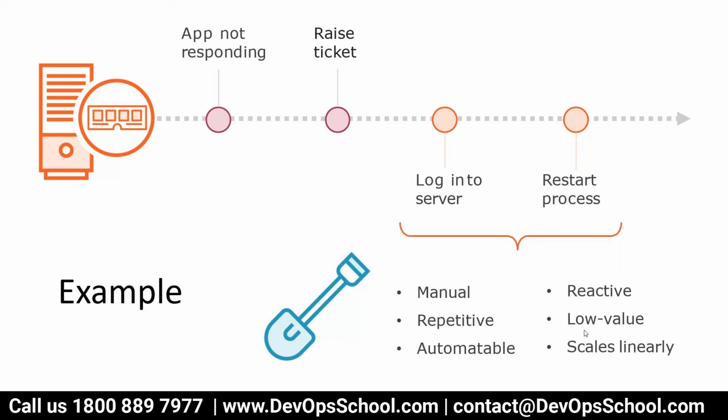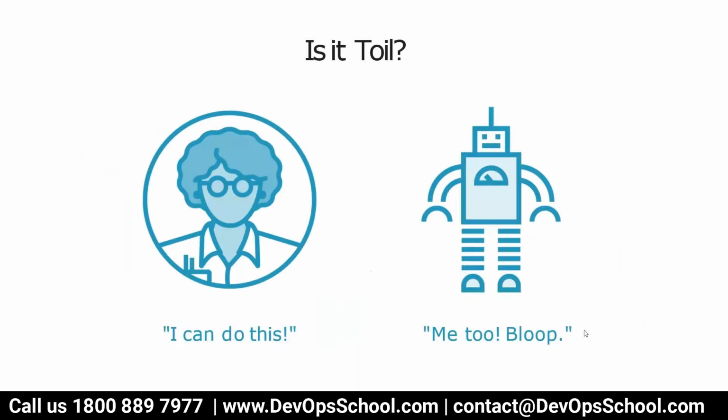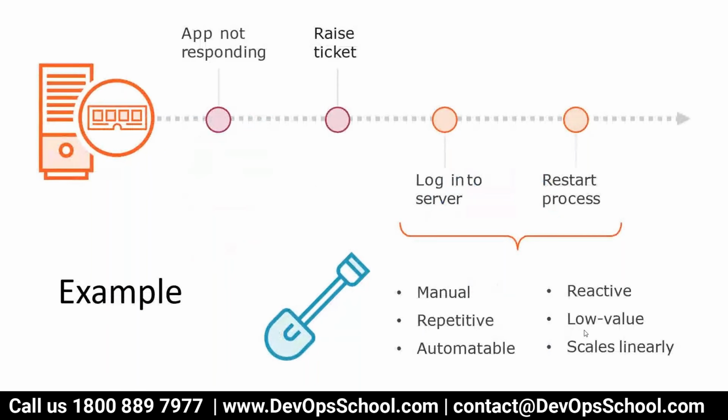So this is what we are trying to understand now. This is one example, and we need to decide whether it's a toil or not. Maybe the perspective may change in the next few slides.